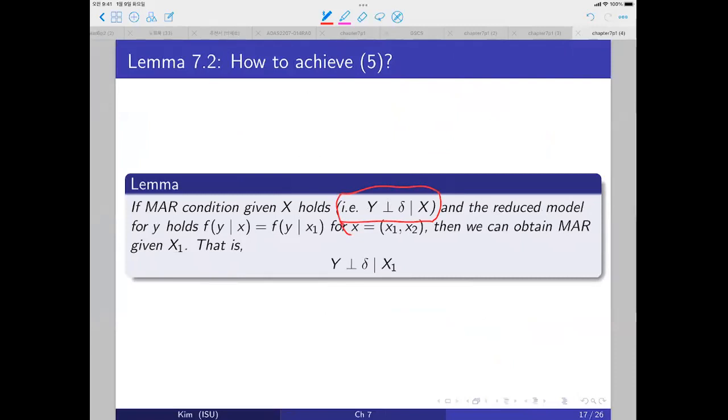That means X1, X2 is redundant for explaining Y. Then you get reduced missing at random. Okay. So we are not really making two separate assumptions. Rather, we assume missing at random, and then assume a reduced outcome model. Then they will imply this reduced missing at random. Okay.